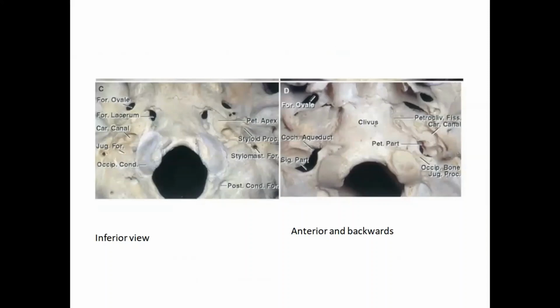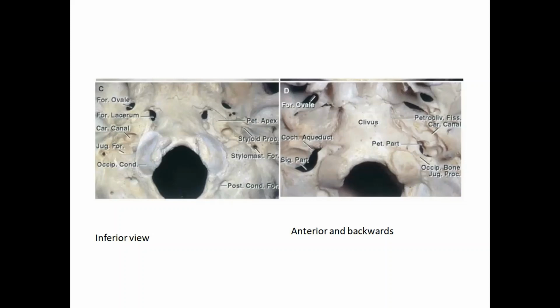So one of the things that you must know is that you start from the petroclival fissure. If you are doing a clivectomy, I'll show you a case where we did a clivectomy. But if you are doing anything lateral to the clivus, there is a petroclival fissure.